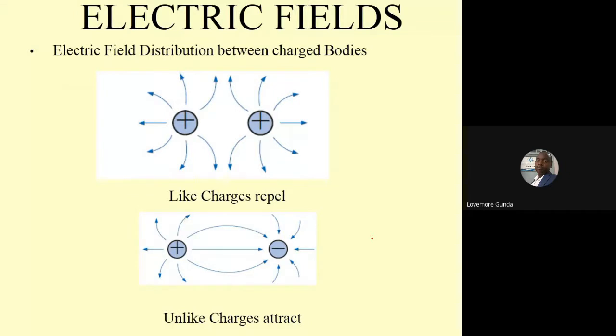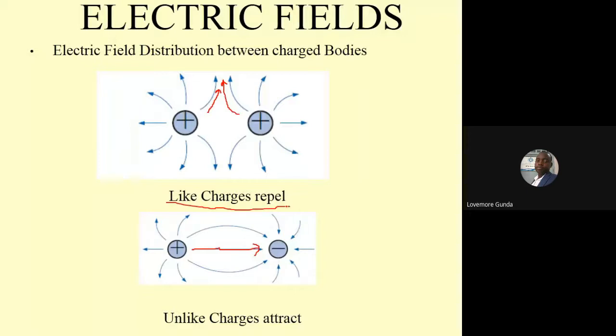So the flux distribution between charged bodies is such that if you put a positive towards a positive, there is repulsion. So these flux lines will not intersect. And if you put a positive next to a negative, there will be attraction. And it means the flux will be net towards the negative charge.